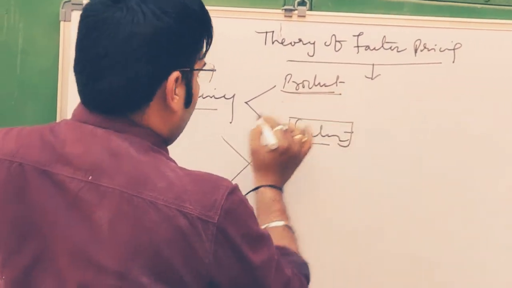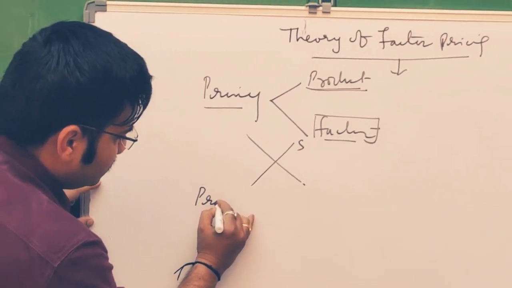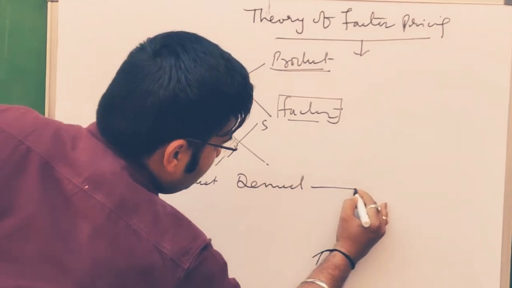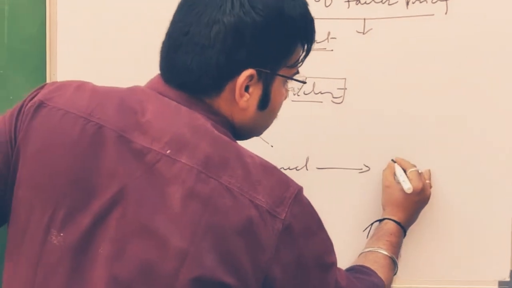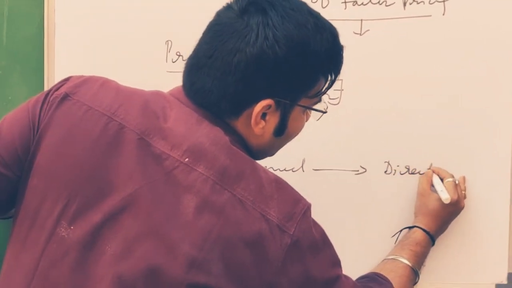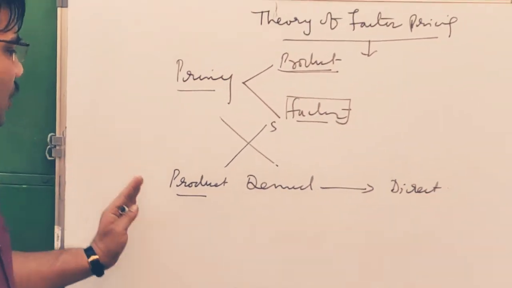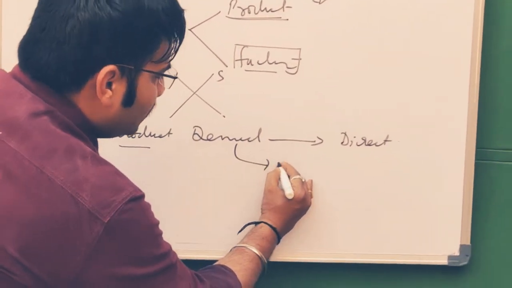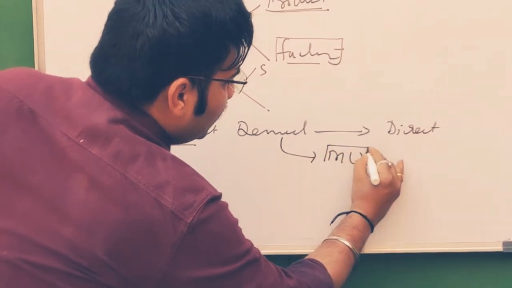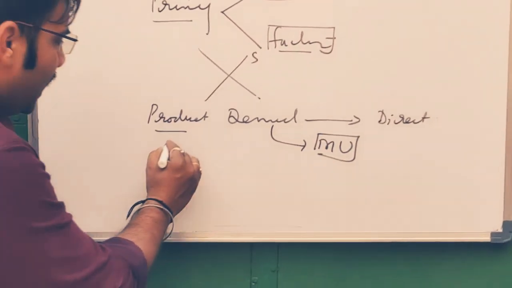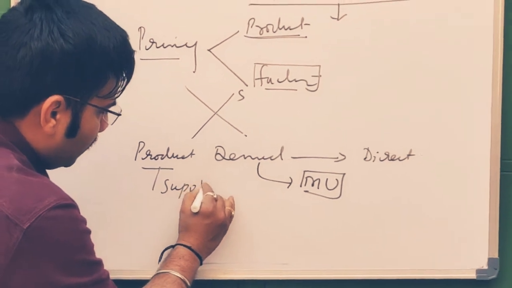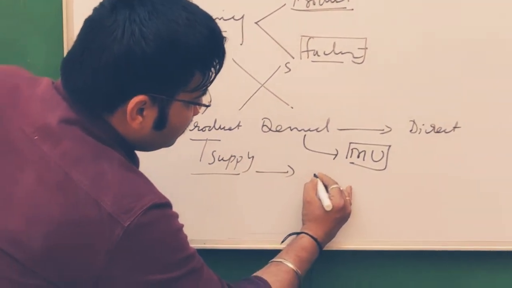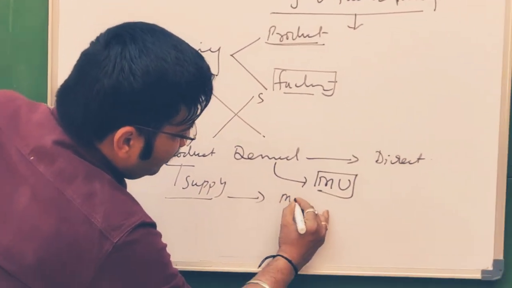The demand for the product is direct demand, and this demand is based on the marginal utility of the product, and the supply of the product is dependent on its monetary cost.